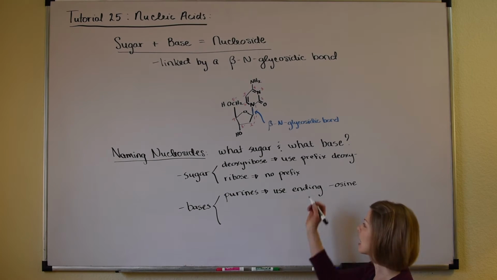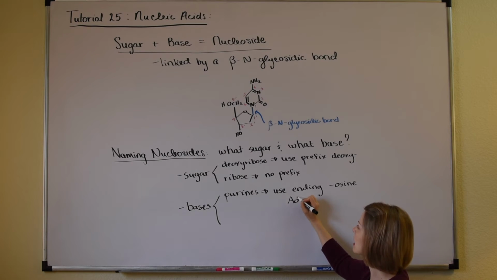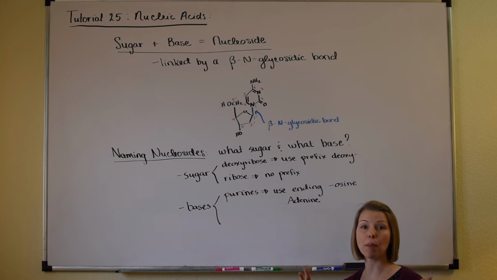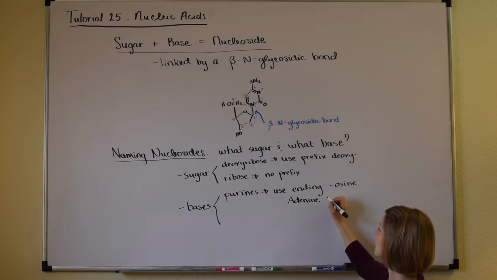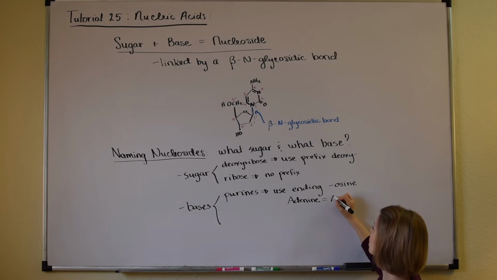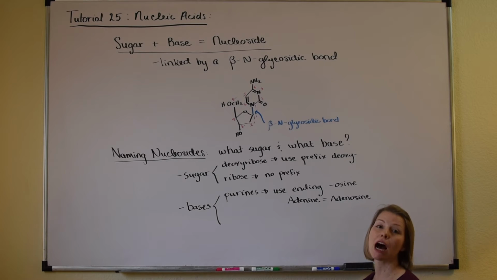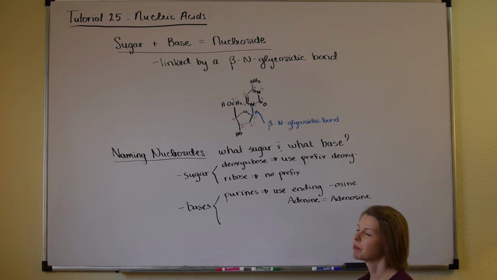That means that the base adenine, once it's linked to a sugar and it's become part of a nucleoside, we're going to change the ending to OSINE, and the name becomes adenosine.